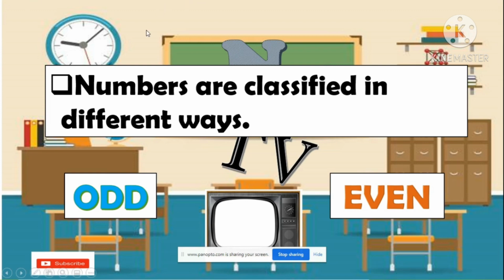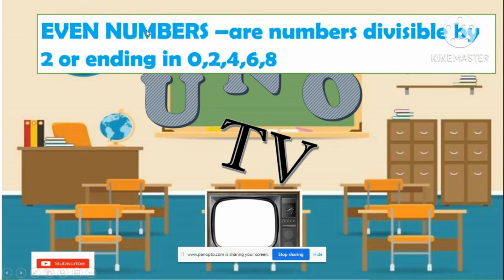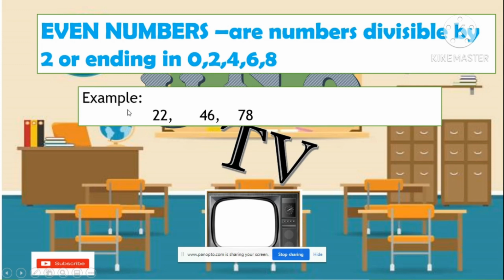So when we say even numbers, these are numbers divisible by 2 or ending in 0, 2, 4, 6, and 8. The examples of these are 22, 46, and 78. So 22, 46, and 78 are all divisible by 2 and end with the numbers 2, 6, and 8.